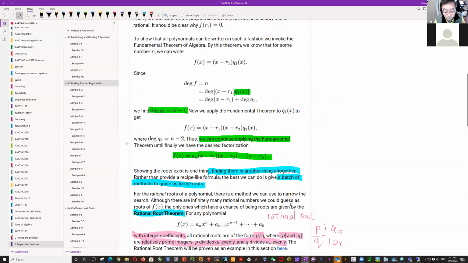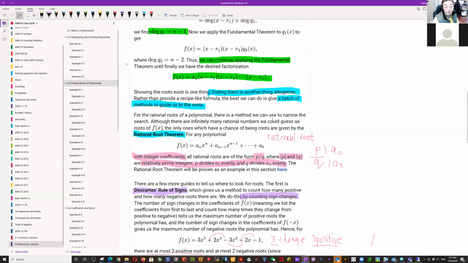It may not have any rational root, but if it does exist, there is only a limited space to find it, because it is always in the format of P over Q, where P evenly divides a0, the tail term, and Q evenly divides the leading term a_n.